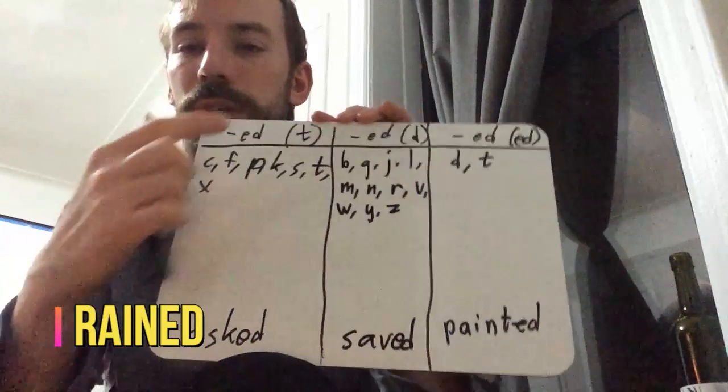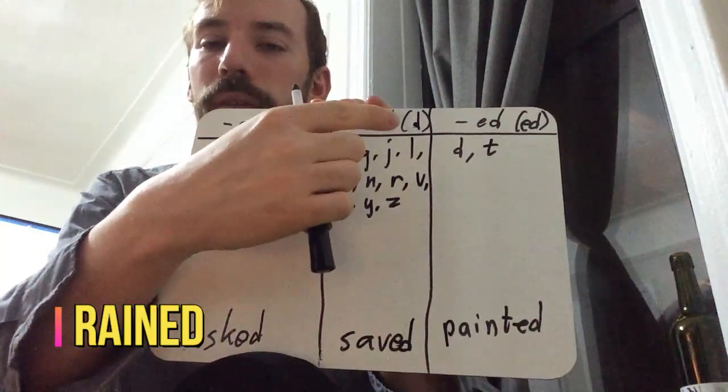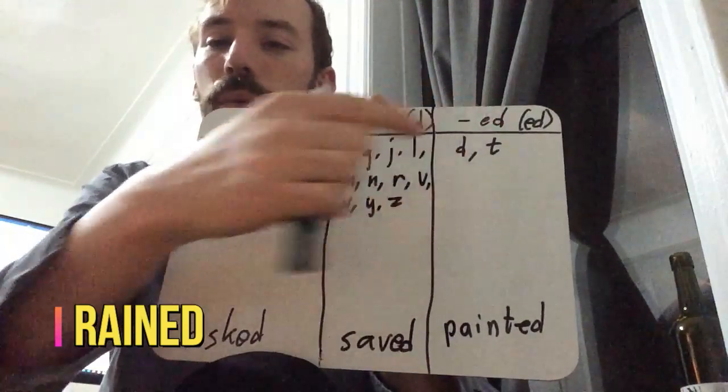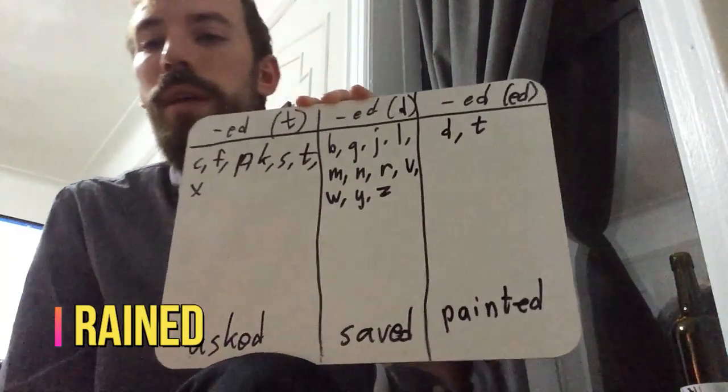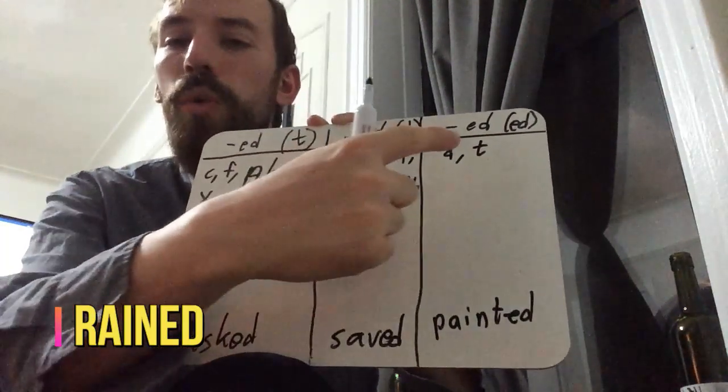If I said rained, like raining, where do you think that goes? Does that go with the T, or the D, or the ed?